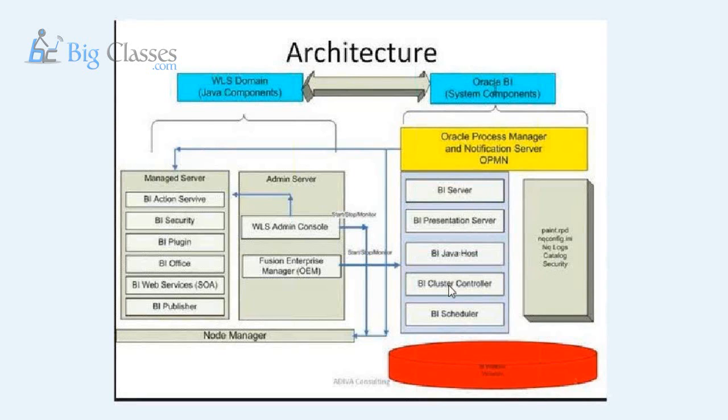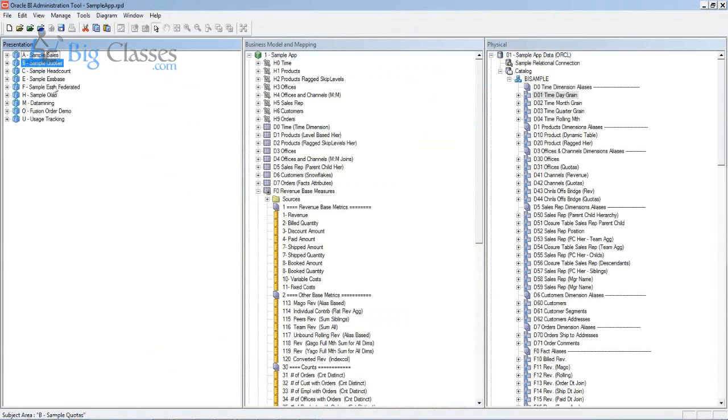Cluster is mainly used for communicating from one server to another server. For example, if you created a report, that report will create a query based upon the presentation layer. The presentation layer will move it to the BMM layer. Based upon the BMM layer, OBIEE creates a query. The BMM layer will pass the query to the physical layer.